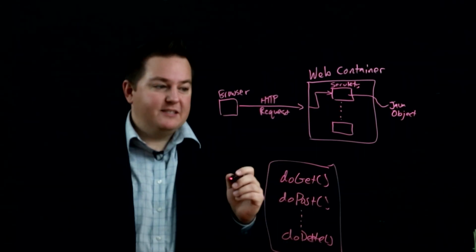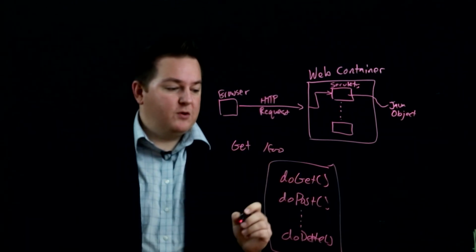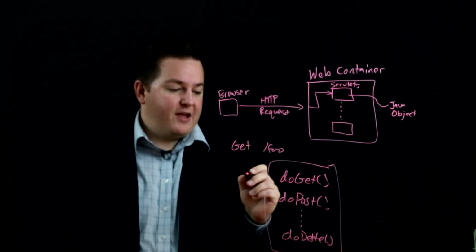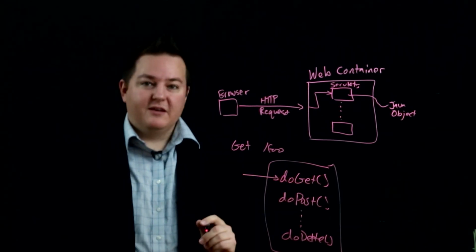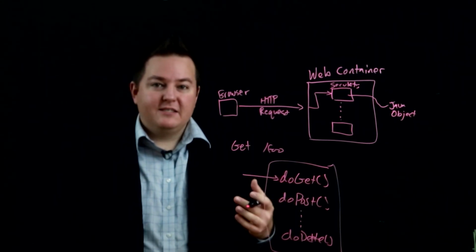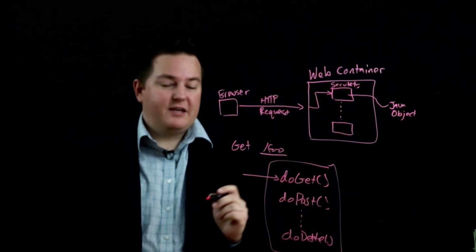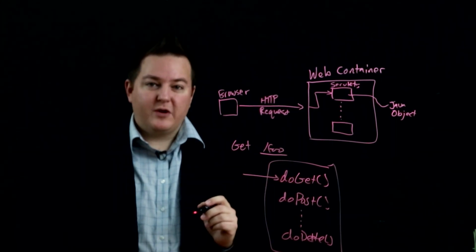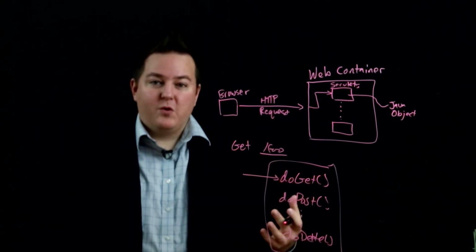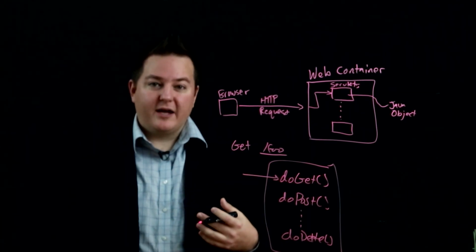So if somebody sends a GET request for some resource like foo, it's going to pick out a servlet, route that request to the servlet's doGet method, and then that doGet method gets access to all of the different pieces of the request, namely the request line, where it can look at, for example, the resource that was requested. It gets access to the headers, and it gets access to the request body so that it can go and do any processing associated with that request.